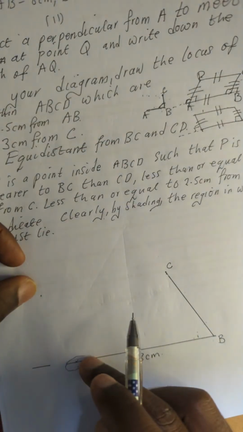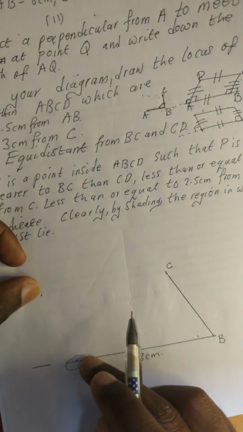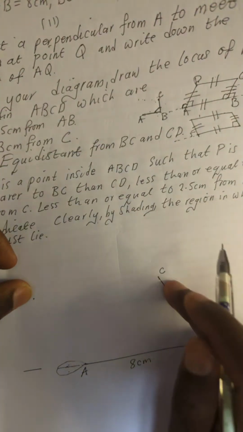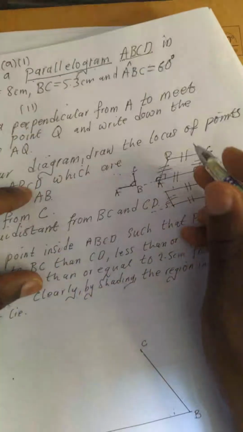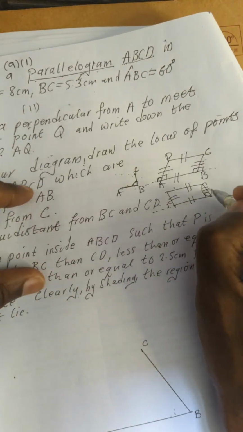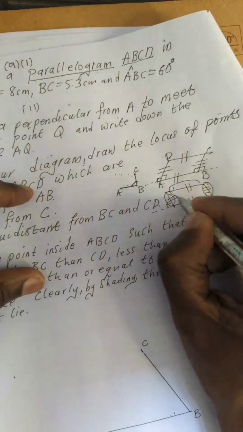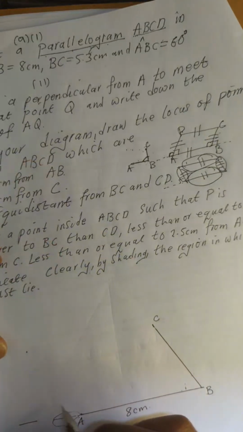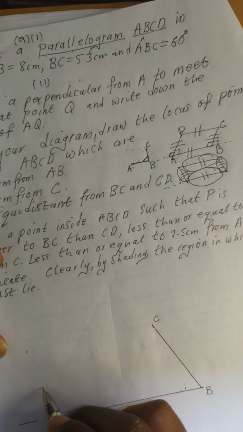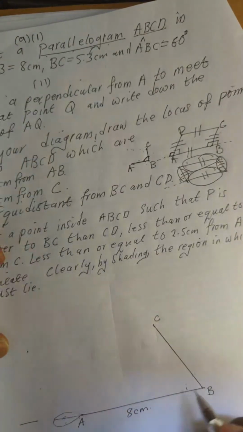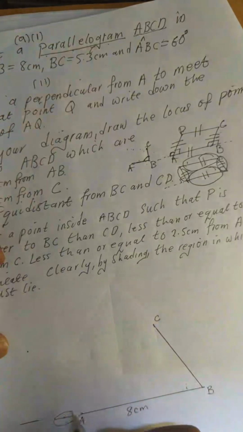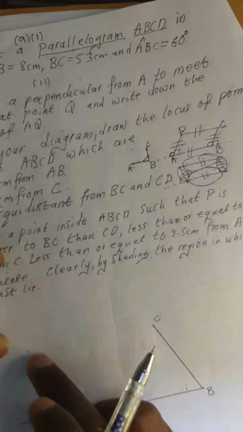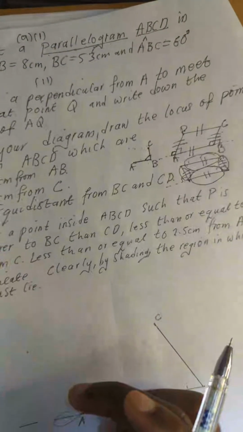Now that line you're going to draw should be of the same length as BC. So the length of this one is the same as this one. Therefore, BC and AD are both 5.3. BC is 5.3, so even AD is 5.3. So you can draw a line of 5.3.